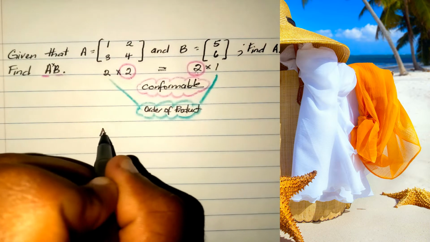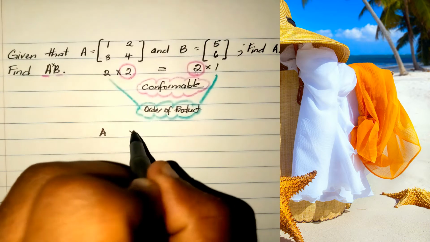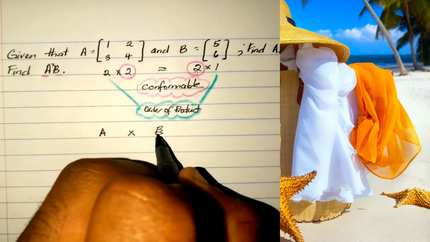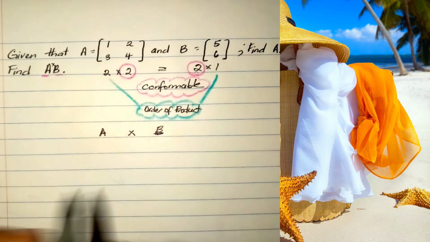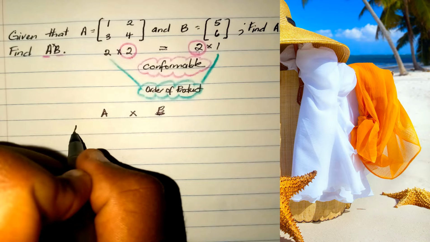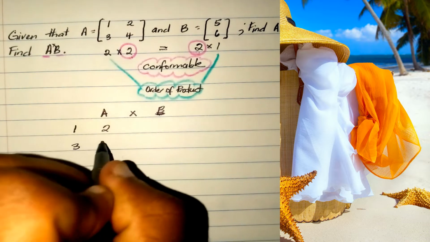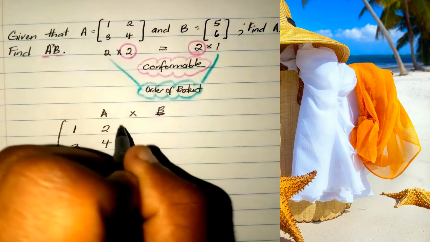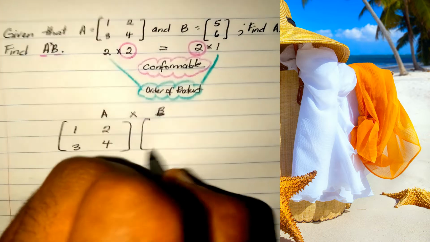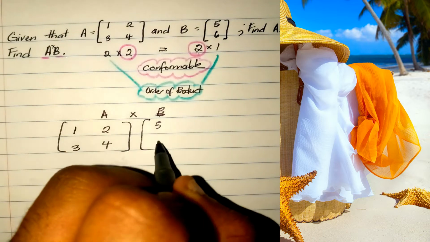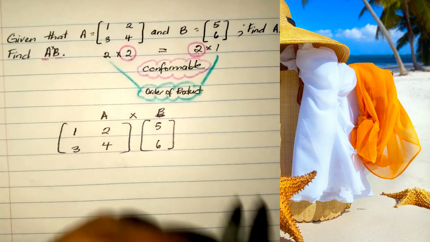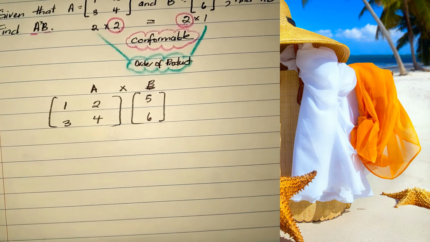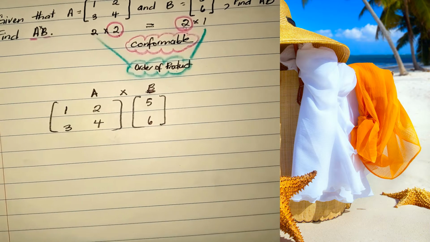So I have A. We're going to multiply it by B. So A is 1, 2, 3, 4, and B is 5, 6. Now, when we're multiplying matrices, there's a particular order in which we multiply.